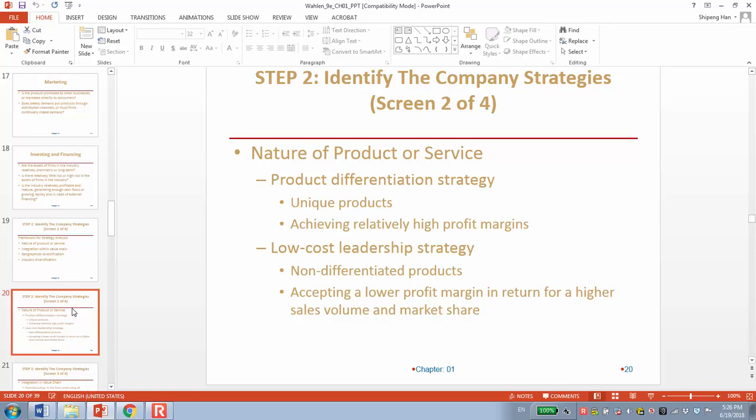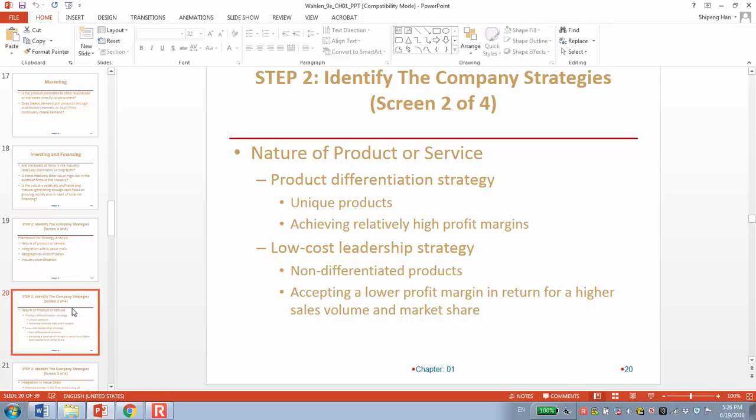Some businesses produce commodity products or products very similar to commodities. There's no difference, non-differentiated products. You cannot tell the difference between the products of different companies who adopt this strategy.